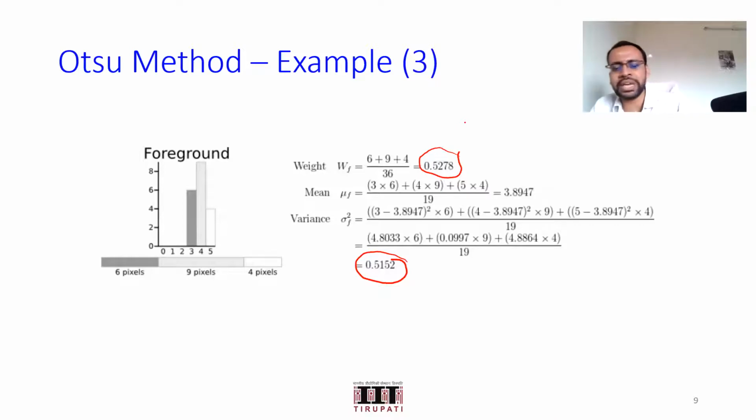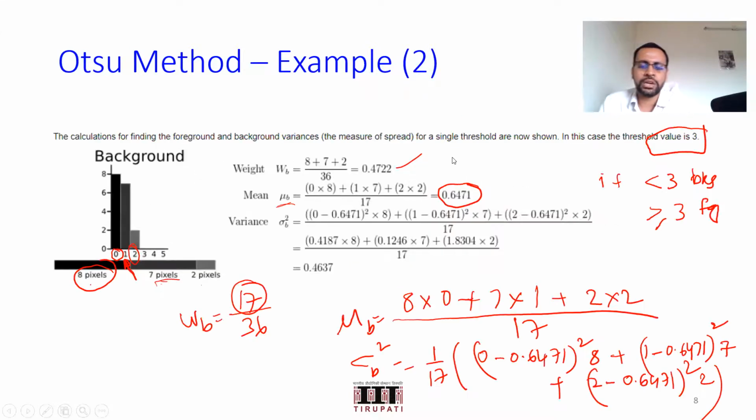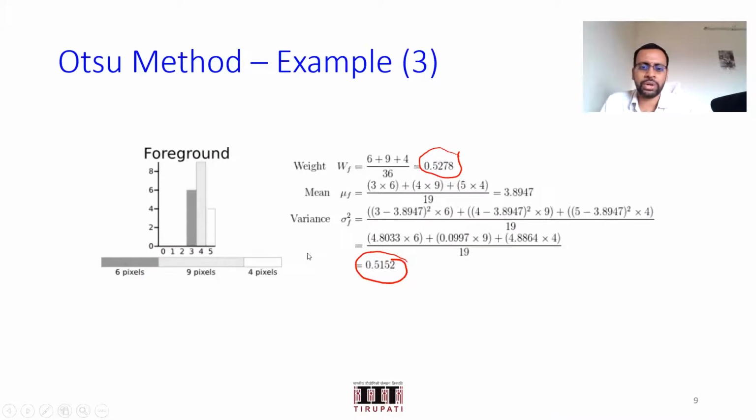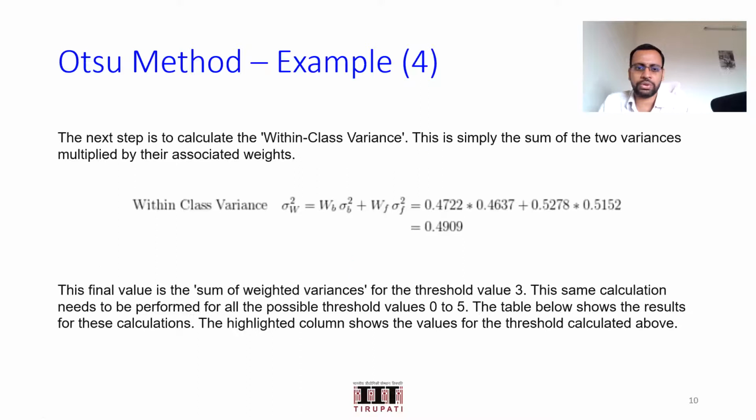In other words, 52.78% of pixels are in the foreground with this threshold, and 47.22% are in the background. This has resulted in a variance of 0.4637 for the background and 0.5152 for the foreground.